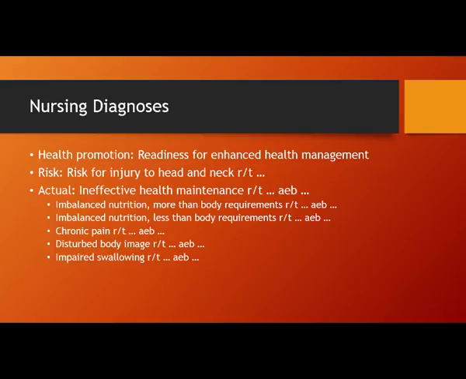And we could have chronic pain related to something as evidenced by something else. Disturbed body image, that could be related to, say, a head injury, or it could be related to the weight gain from the hypothyroidism, or there's a number of things that could give us a disturbed body image. Impaired swallowing, again, that could be due to a number of different things too.